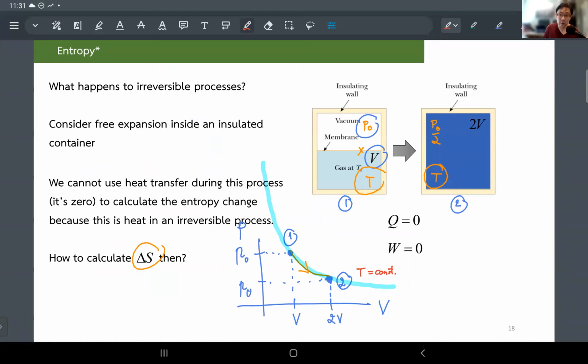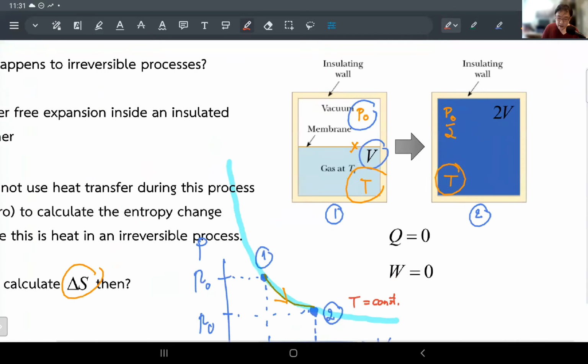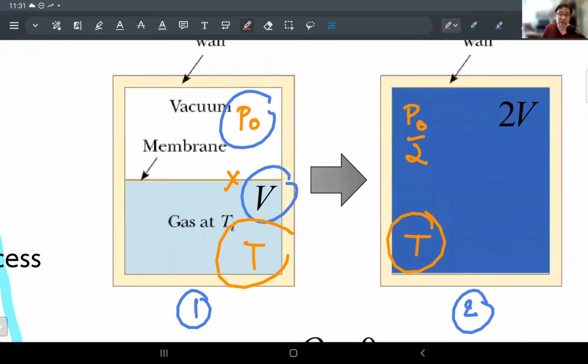But now my extra question is, does this gas really follow this path, the isothermal process? No. And I don't even know, because in this free expansion, I don't think you can draw any line connecting point 1 and point 2 at all. How can you measure the pressure of the whole container?